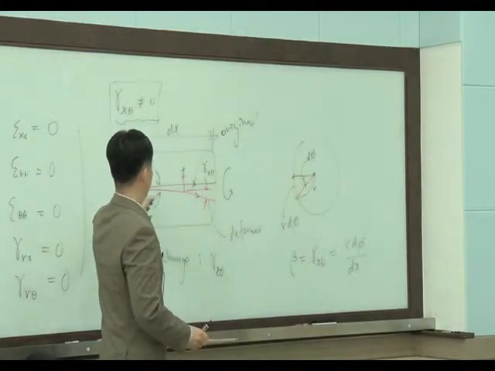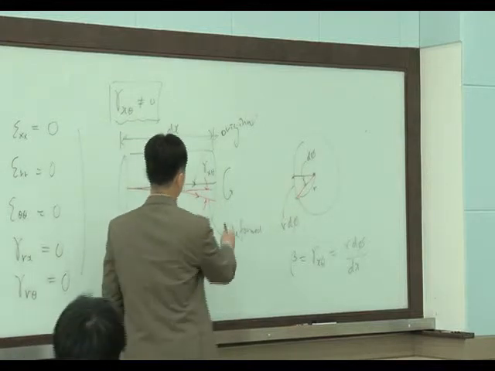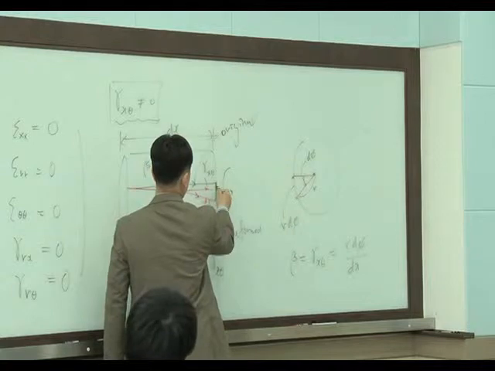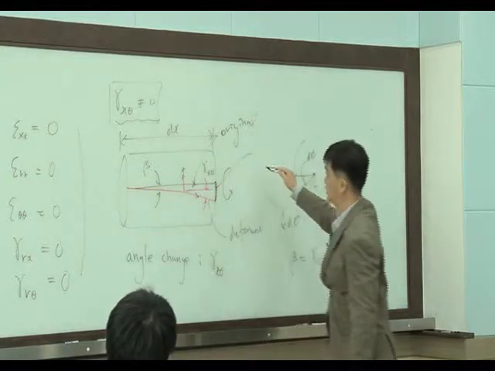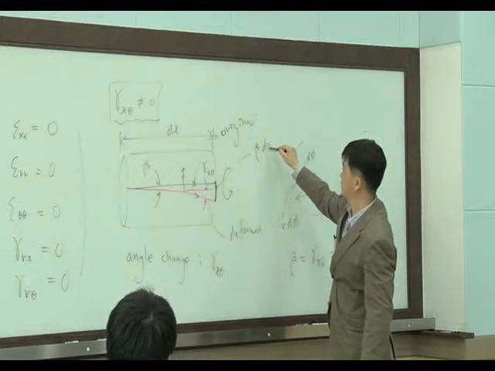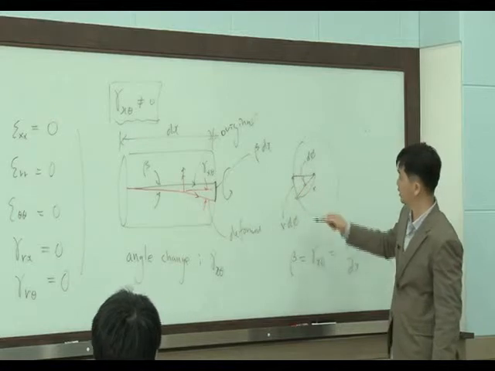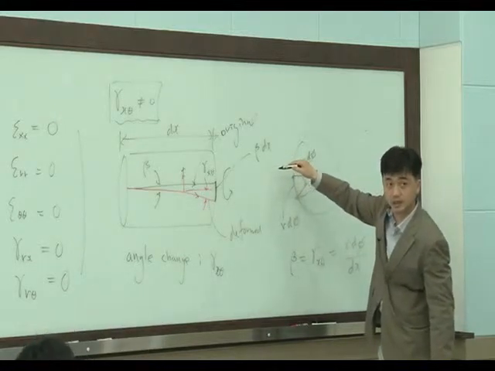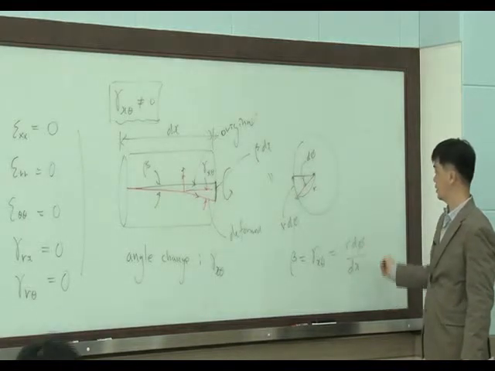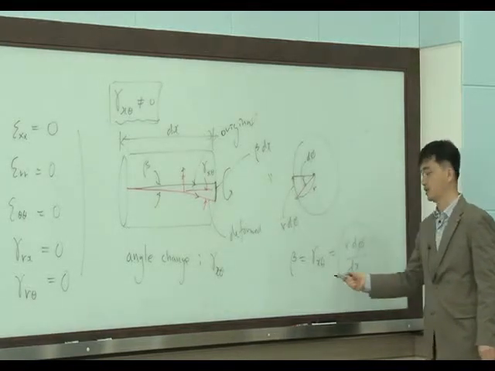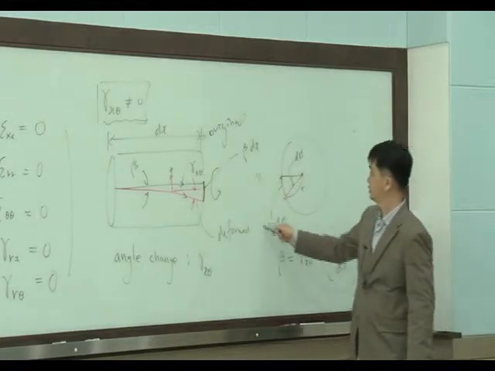So this length equals beta dx, and this length is r d phi. This is the same, so we can calculate this relation.